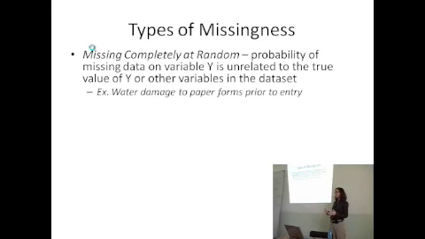It's not related to the clinicians that were collecting data. It's not related to the patient's severity of a disease. It's not related to anything, right? It's a natural disaster. So that is missing completely at random. Okay, is that clear? Okay.